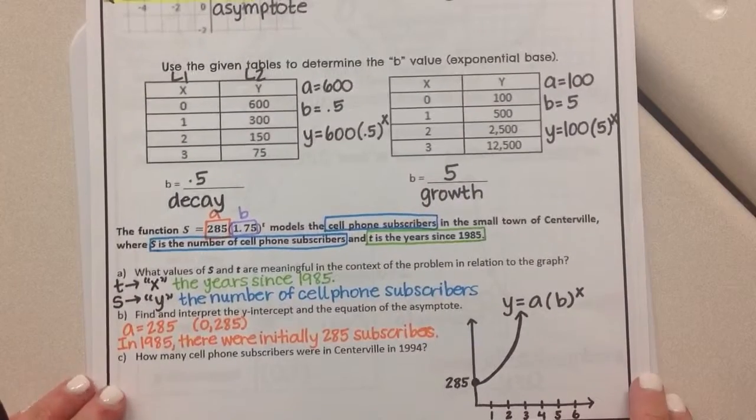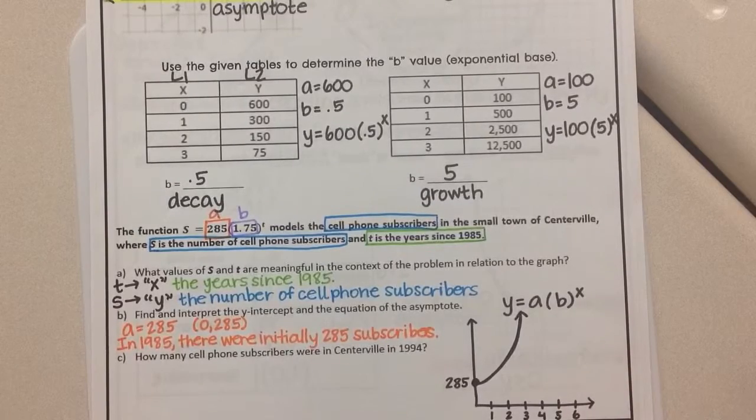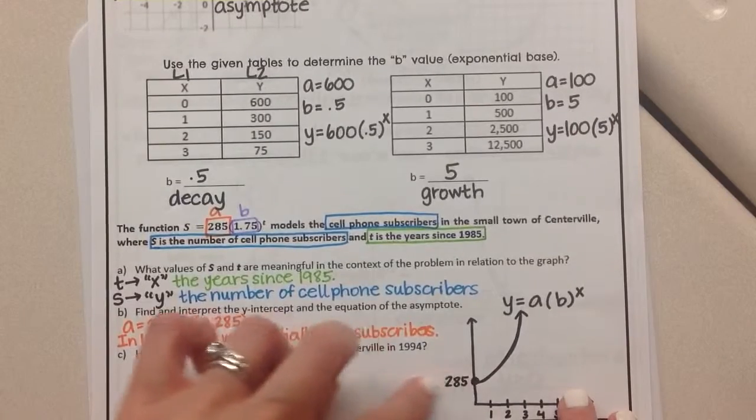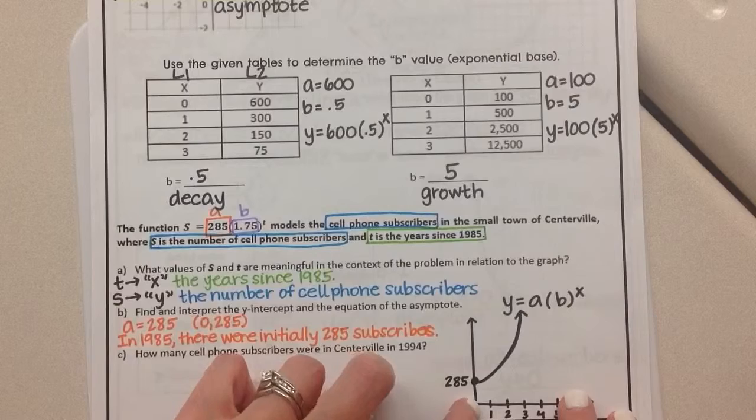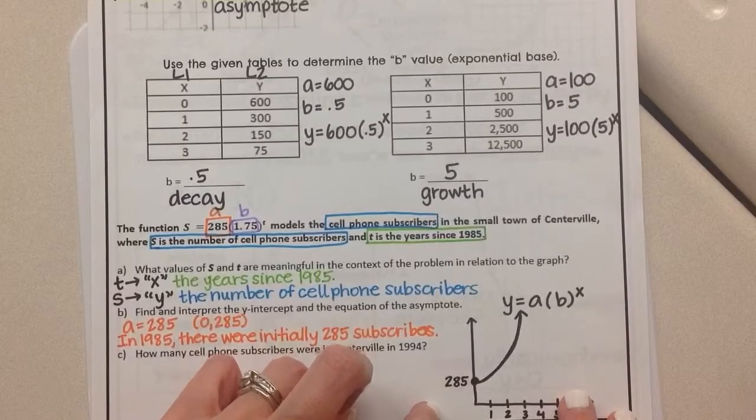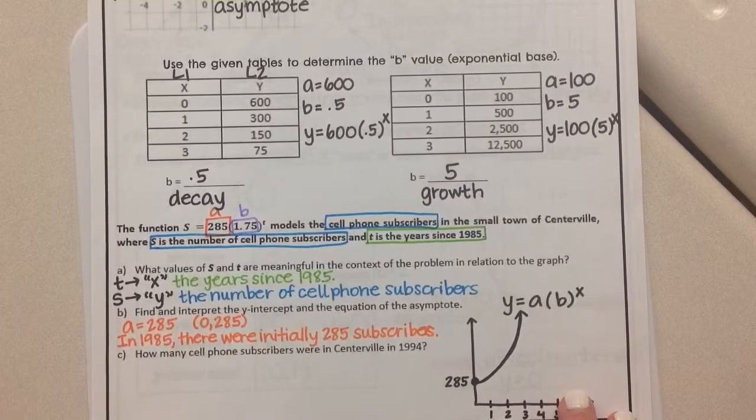Okay? We are not going to have 285 subscribers join every single year. We may have more, we may have less in 1 year, so it doesn't grow as much. And so it's flattening out. And again, I'm going to ignore this part on the left side of the y-axis, because if I go backwards on the x-axis, I'm going backwards, before 1985.